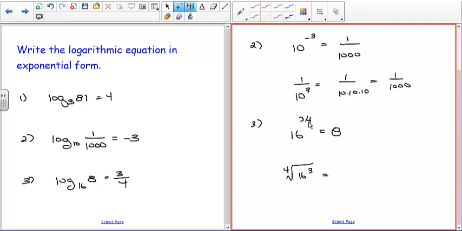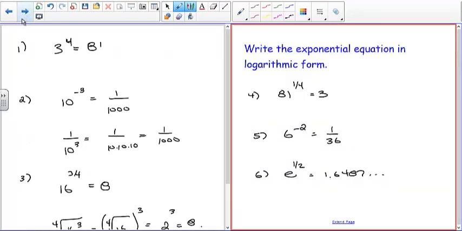You can cube it and then take the fourth root, or you can take the fourth root and then cube it. So this is also equal to the fourth root of 16, the whole thing cubed. And the fourth root of 16 is 2, because 2 times 2 times 2 times 2 is 16. So you get 2 cubed, which is 8.